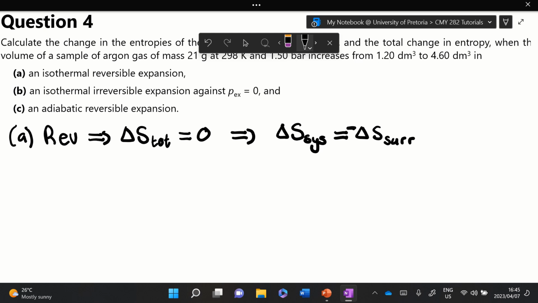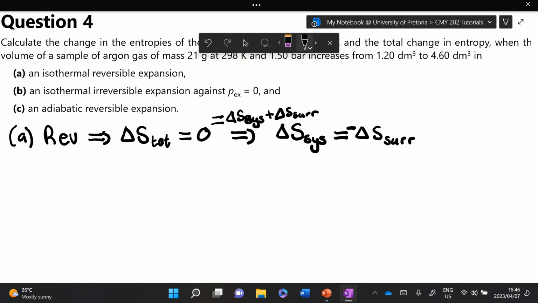So let me put in here that the total is equal to delta S system plus delta S surroundings. In other words, if we have a way to calculate either delta S system or delta S surroundings, then we have a way to calculate all of these.